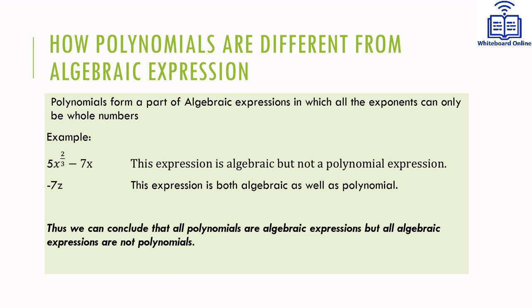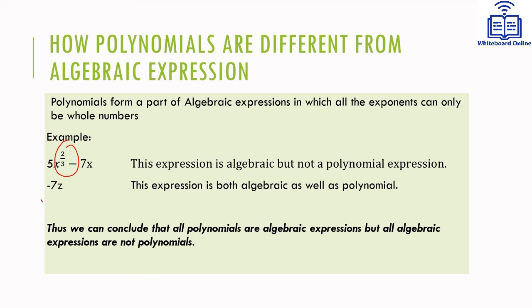The difference is in their exponents. Polynomials accept only whole numbers as exponents. No other exponent can be used. For example, here the exponent is 2 by 3, x raised to the power 2 by 3. 2 by 3 is not a whole number, it's a fraction. Therefore, it is not a polynomial, it's an algebraic expression.